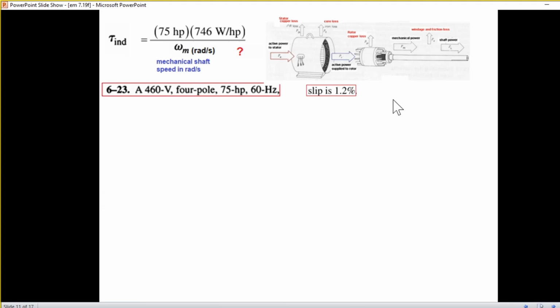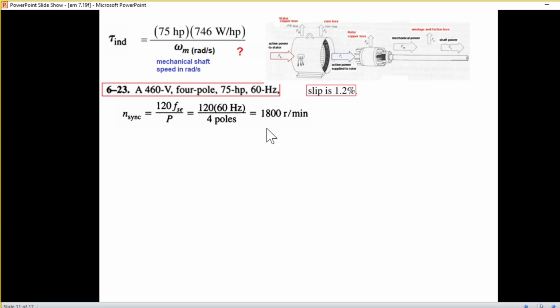These are the parameters given. So to find the synchronous speed or speed of the magnetic field here, we'll use this formula 120 F over P. F is given to be 60 Hertz, and there are 4 poles.